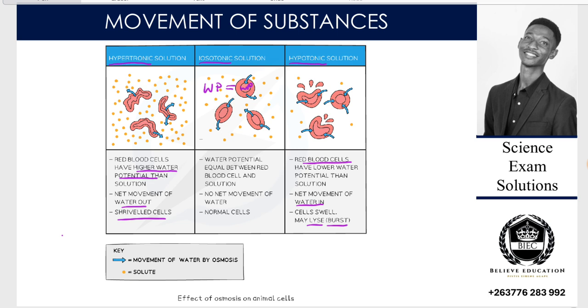For example, the water potential is equal between the red blood cells and the solution, so there is no net movement of water and the cells are normal. So our cells prefer an isotonic what? Solution. They must have an isotonic solution.